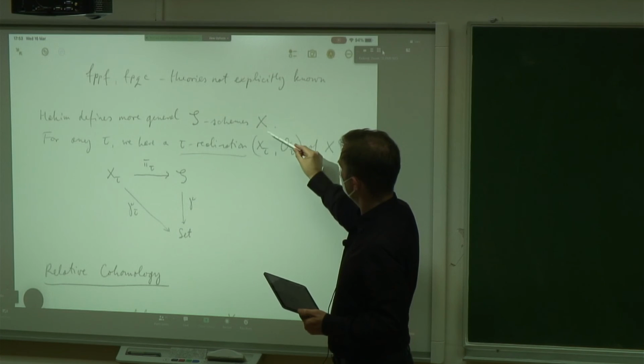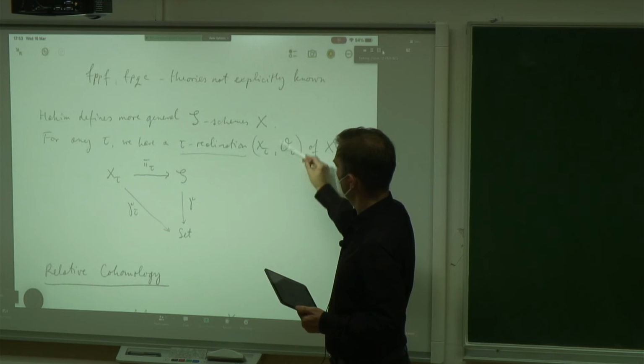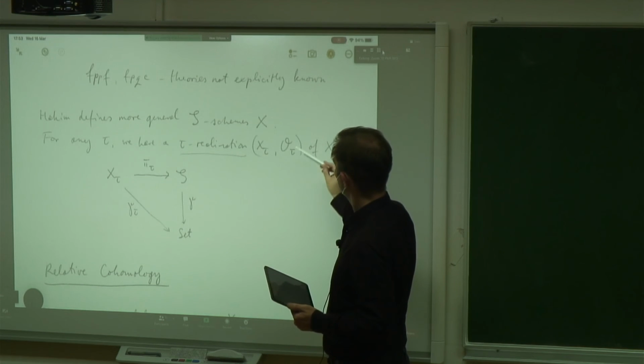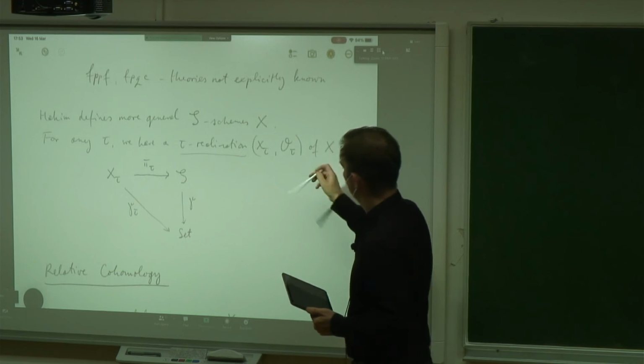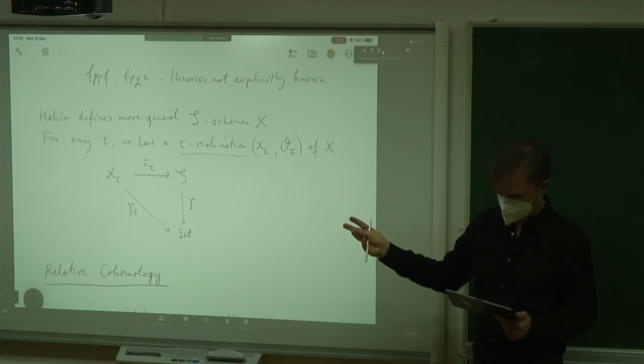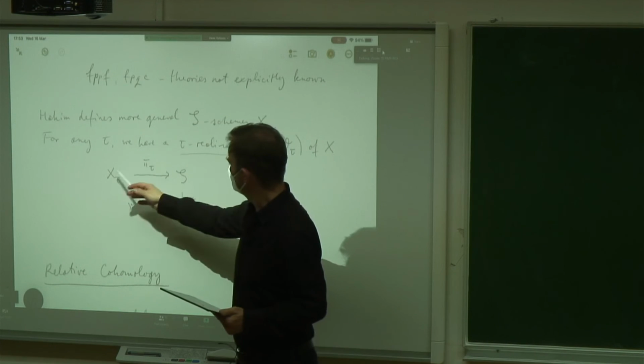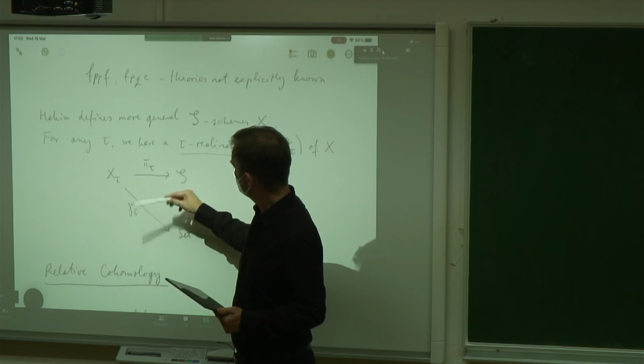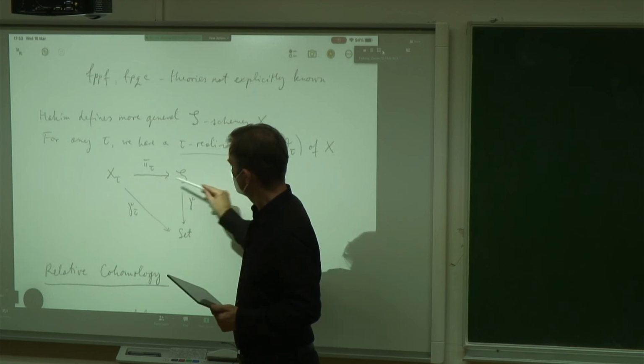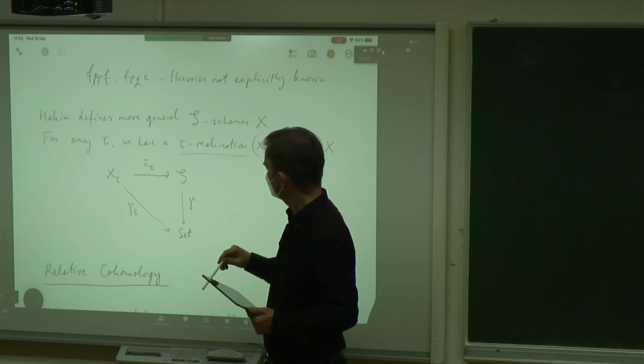So the tau realization of X is some topos X tau and some tau local ring, whatever that means, where you have this picture. So you have the structure morphism to S.